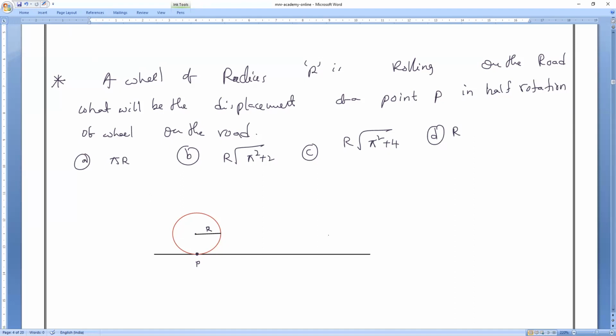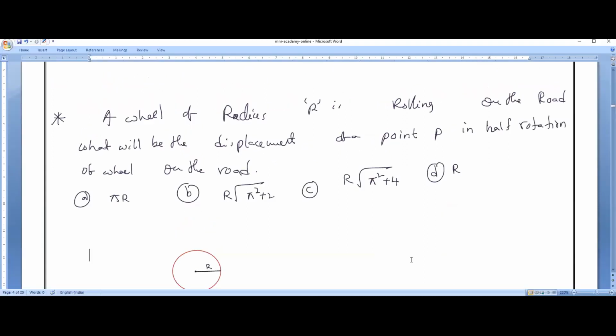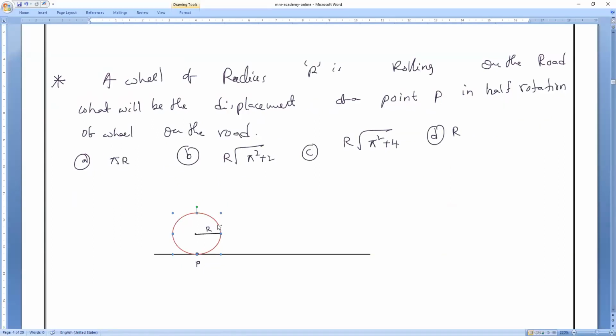Yes, please respond. After one complete rotation, will the wheel position change or not? Yes, that is what you have to remember. Now, after one complete rotation, the wheel position will come to here. Is it right or wrong?